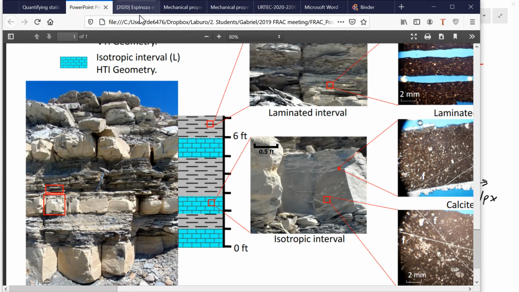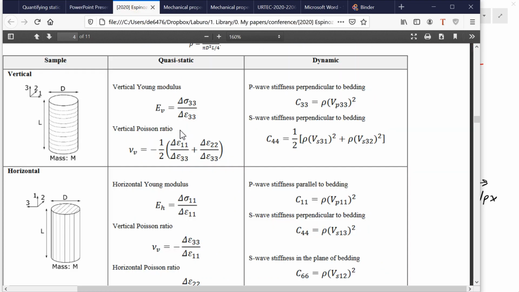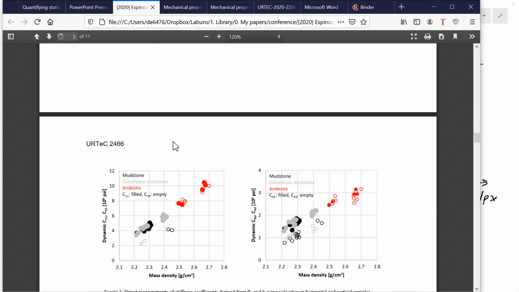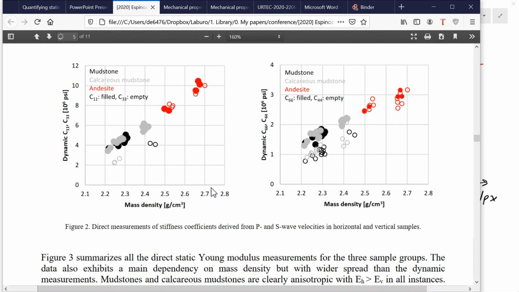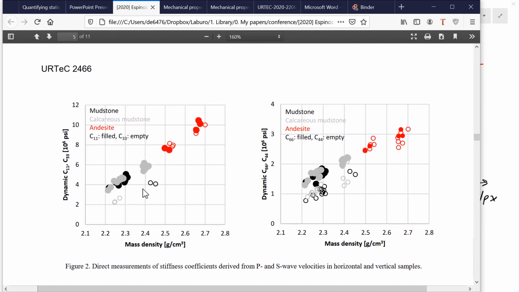I have another example over here of some other more recent measurements done in our laboratory, in which we also measure C11 and C33. C11 are the filled symbols, and C33 here are the empty symbols.